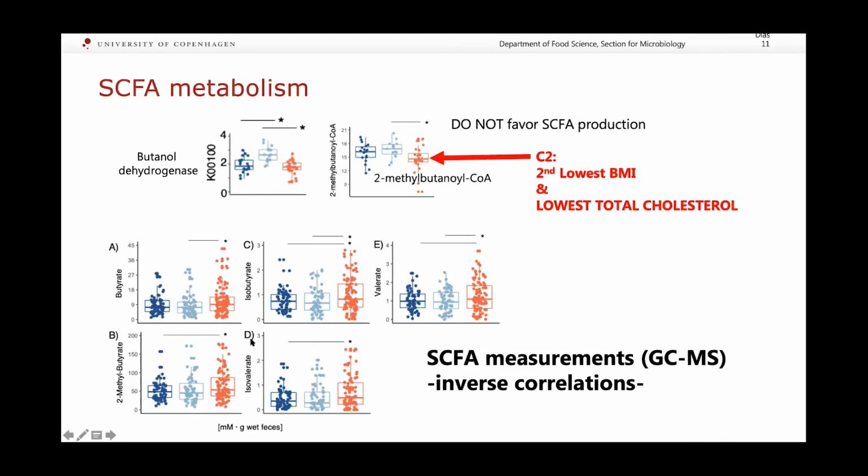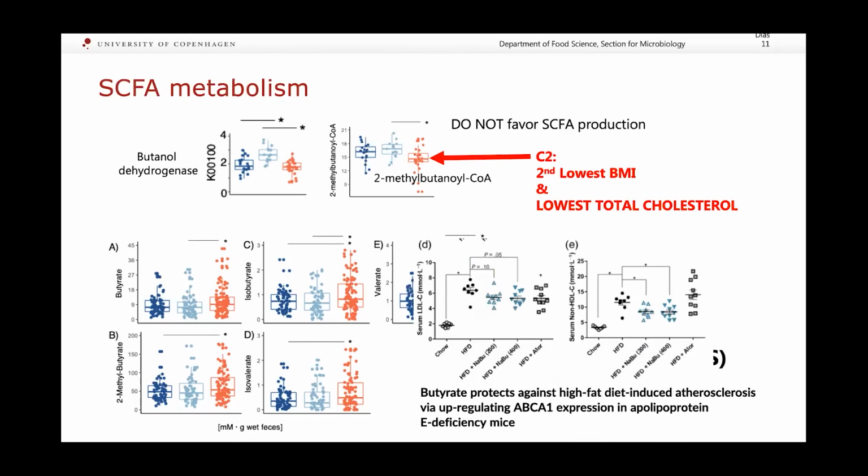So the C2 cluster, which has a lower total cholesterol and also the second lowest BMI, contains the higher production of short-chain fatty acids, which we can see also in the fecal samples. There's not too much information out there in the literature on these results, but in the few studies that exist, our results also correspond to what has been seen before.